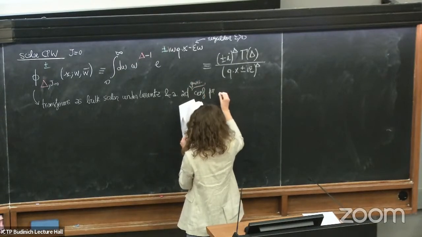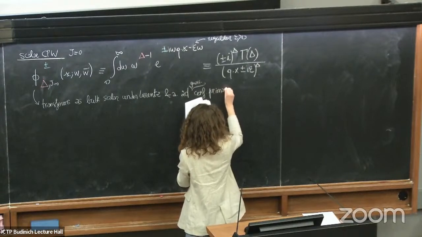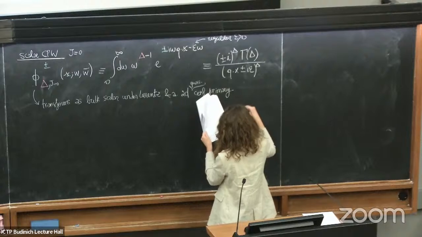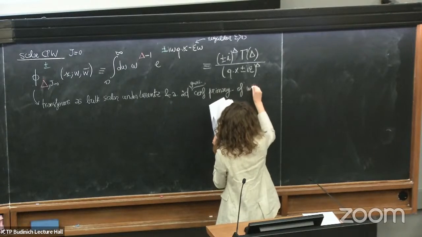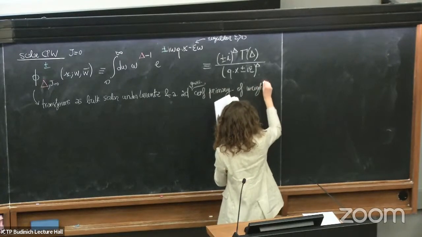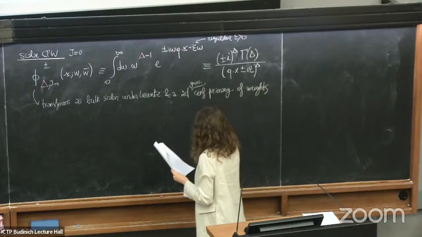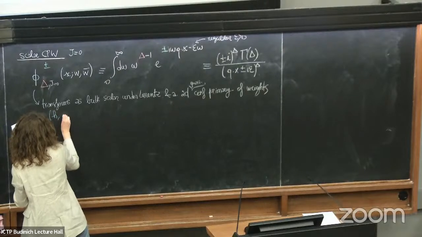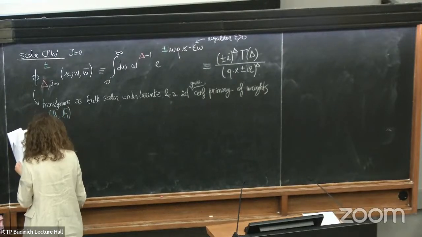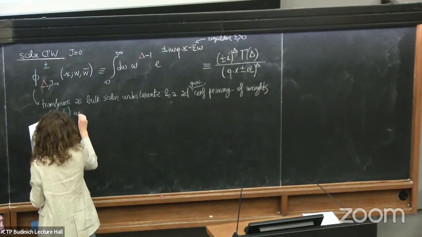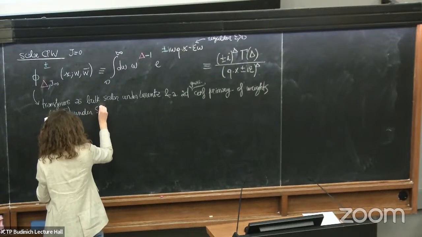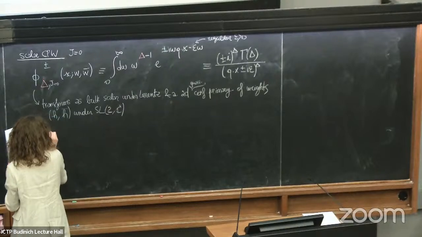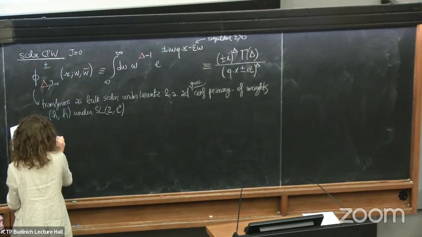Because now I'm just looking at the global part of the conformal group with the given weights, like the weights h, h bar that we are used to writing down in the CFT, under SL2C. So I will write down the transformation rule so that this sentence takes some flesh.